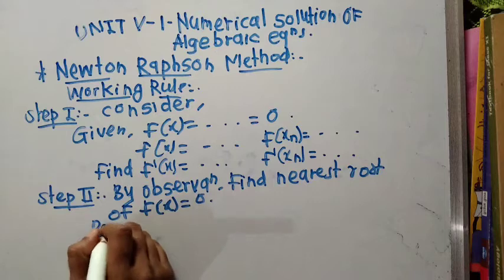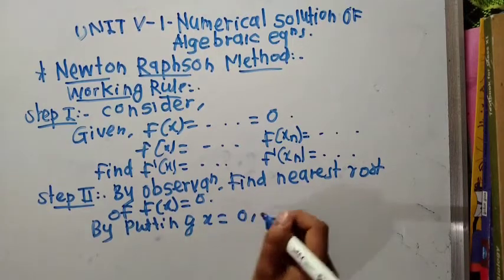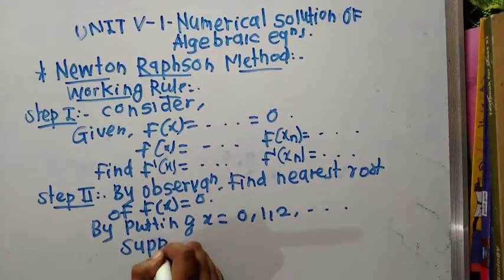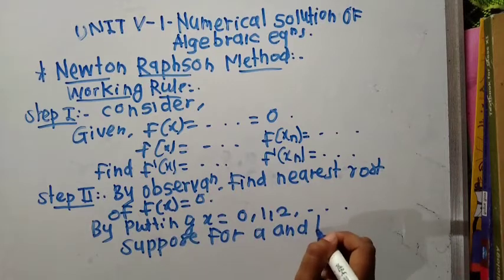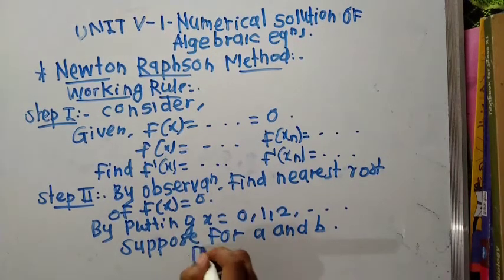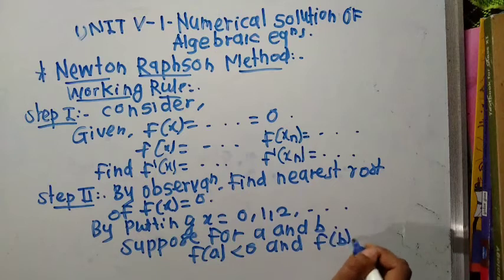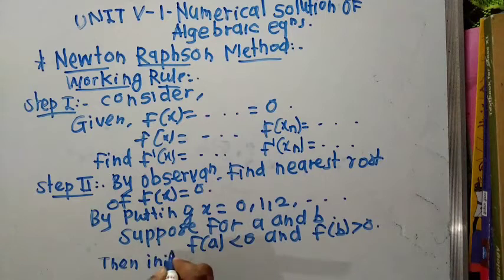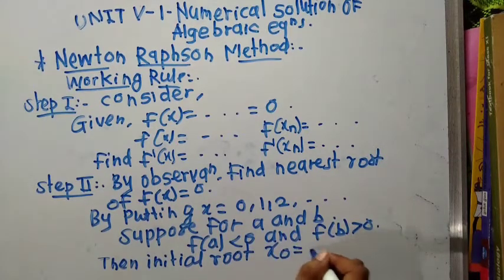Then by putting x is equal to 0, 1, 2 and so on, suppose for a and b, f of a is less than 0 and f of b is greater than 0. Then the initial root x0 is equal to a.